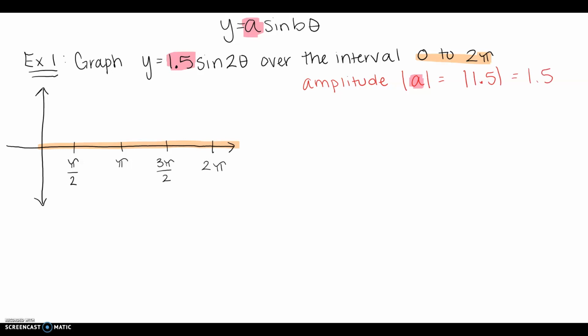So this is saying that the max is at 1.5 on the y-axis, and the min would be at negative 1.5. Again, these are on the y-axis. That tells us that we need to go up to 1.5 on our graph. So I'm going to go up to 2 just to make sure.